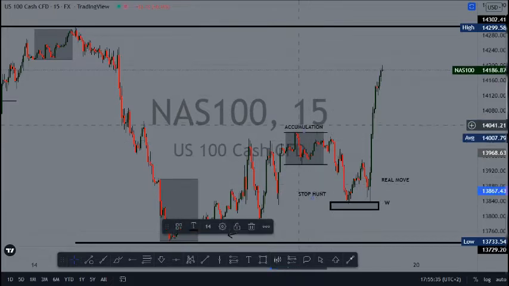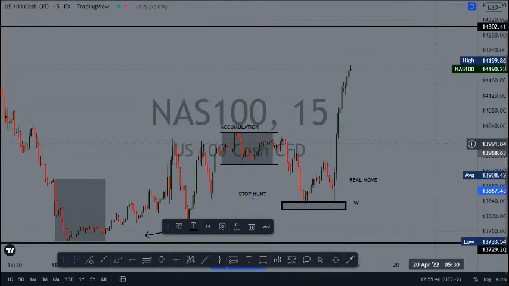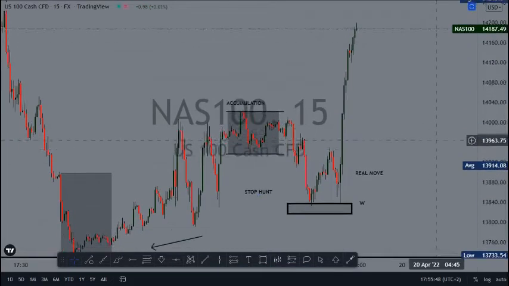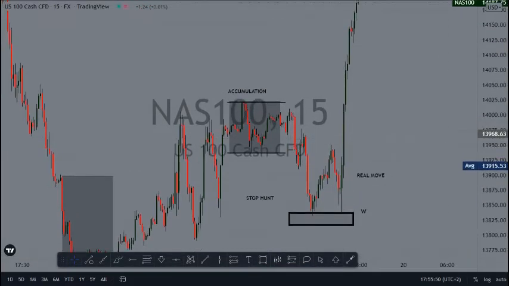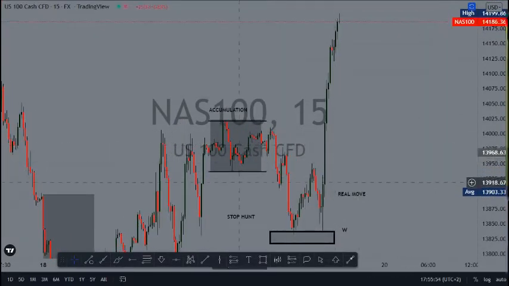Okay, so as we can all see here, this is our accumulation range, the gray box, from 12 o'clock until 8 in the morning. From there on, I told you guys that the market will give us a push to the downside. So the market gave us 3 little pushes, which was a stop hunt.